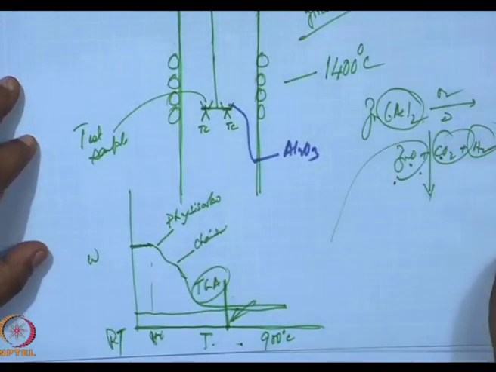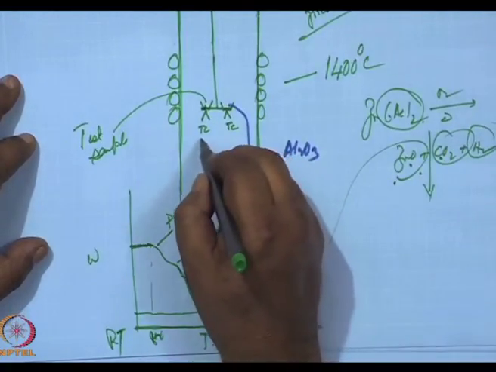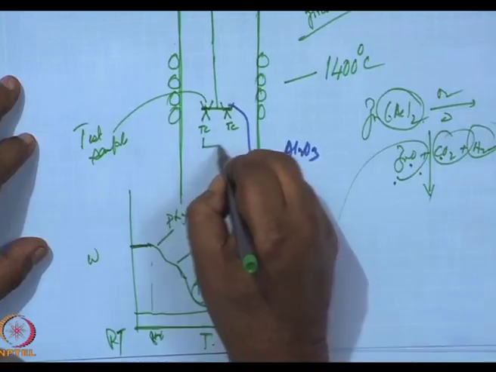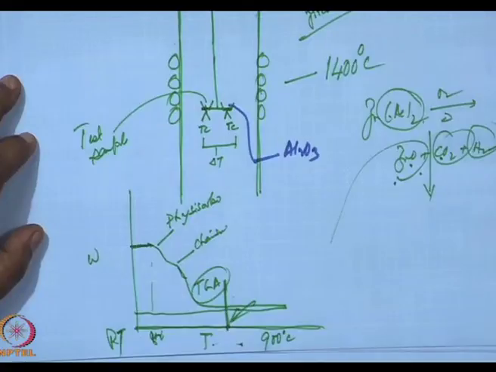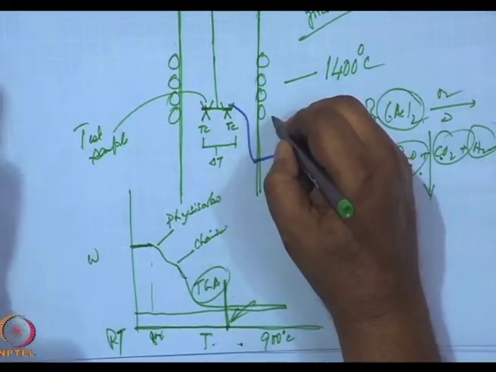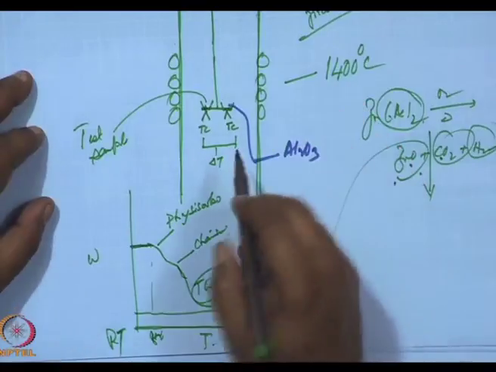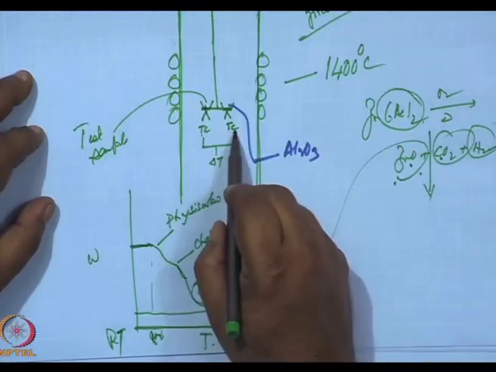What I intend to do is measure the del T between these two. The whole idea is, let us say I am at 100 degrees centigrade. At 100, both of them will be at 100 degrees.